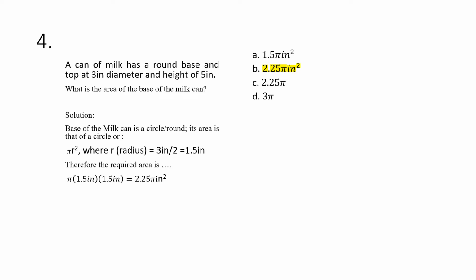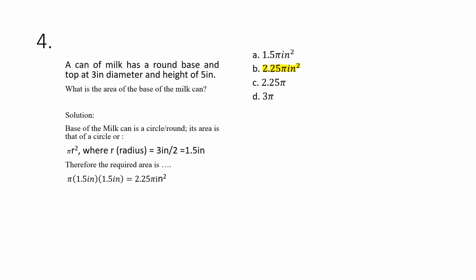So its area then would be pi r squared, where r is the radius, and from the givens, the radius would be 3 inches divided by 2, which will be equal to 1.5 inches. Therefore, the required area would be pi times 1.5 inches times 1.5 inches, and that would be equal to 2.25 pi inches squared.